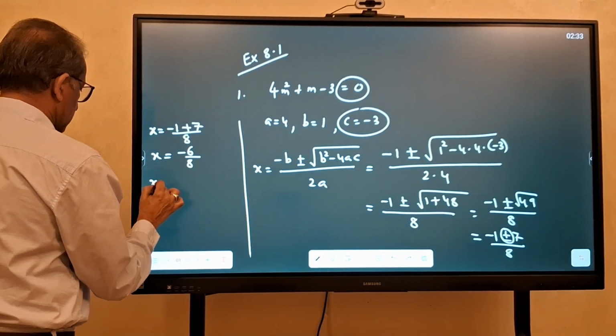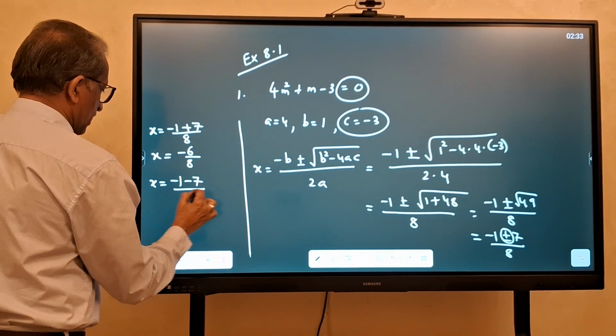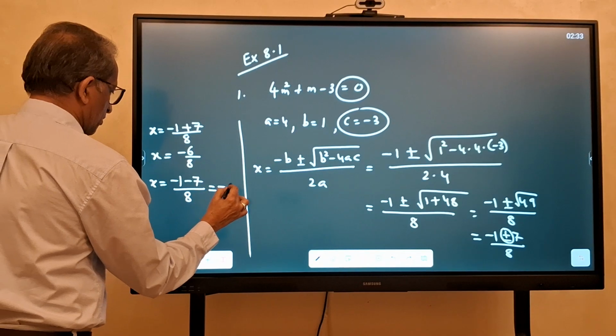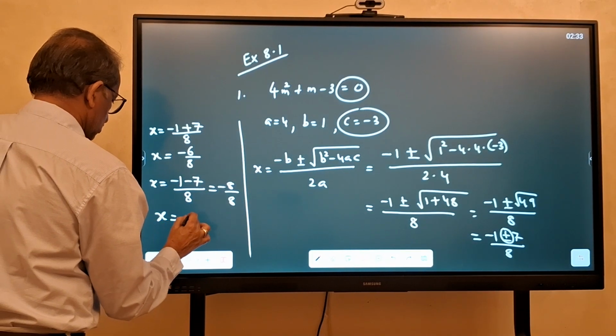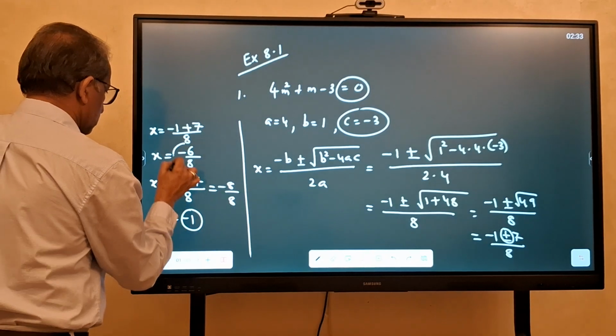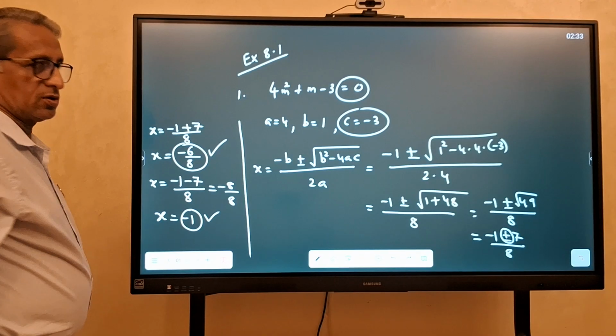Another solution, x is equal to minus 1 minus 7 by 8, minus 8 by 8, that is x is equal to minus 1. So 6 by 8 and minus 1 are the two solutions.